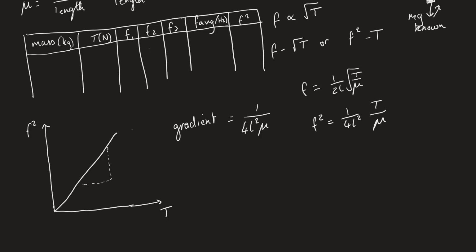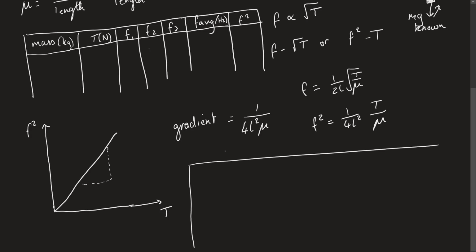From this point, I'm just going to recap very quickly how you would do errors on this. You might remember from the uncertainty video that everything in this equation is multiplied or divided, and when we multiply or divide, we always add the percentage uncertainty on every measurement.